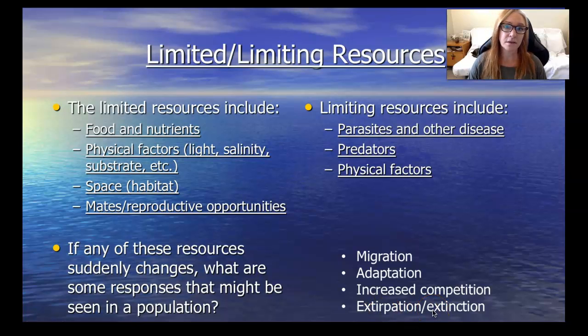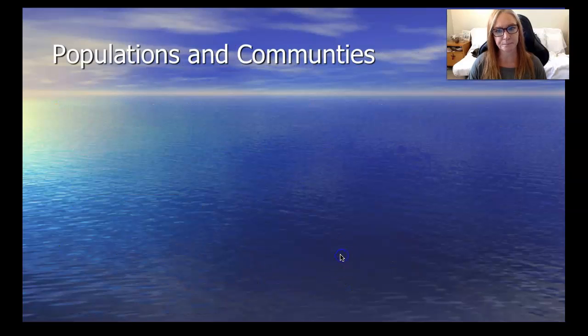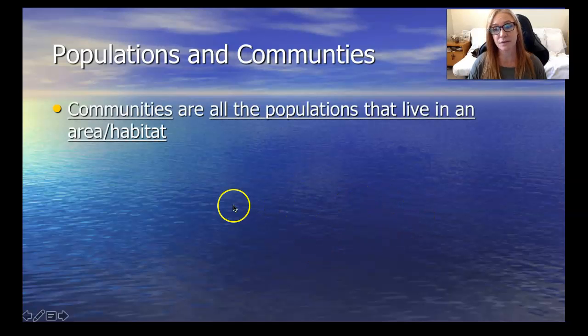If it's a large enough limited or limiting resource effect, we see extinction on a wide scale. We're seeing a lot of that right now, especially in the ocean. We'll talk about that cheerful subject at the end of the semester. So make sure you know all of those limited and limiting resources.